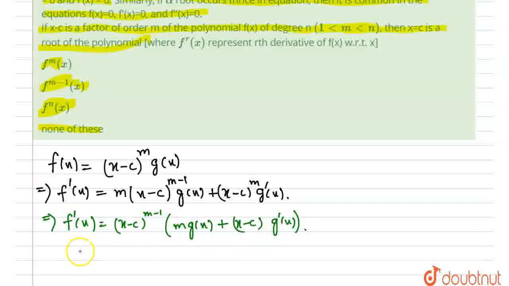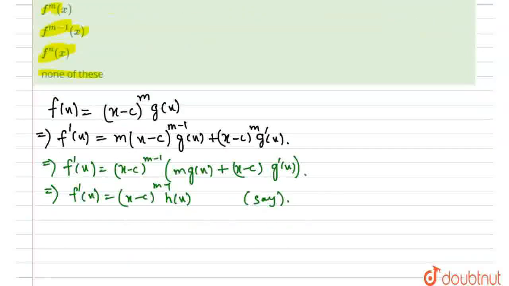Now just doing the same thing, let's call this f'(x) here, and let's call the other factor, which is again a polynomial, h(x), another polynomial.